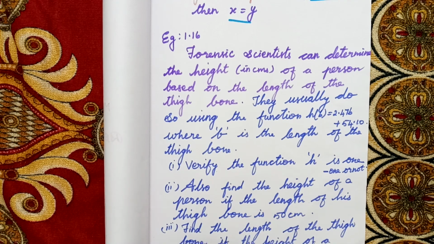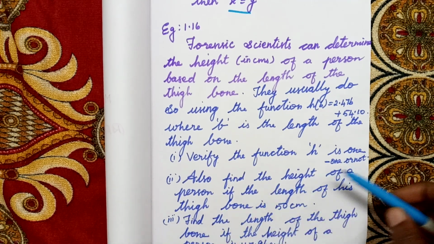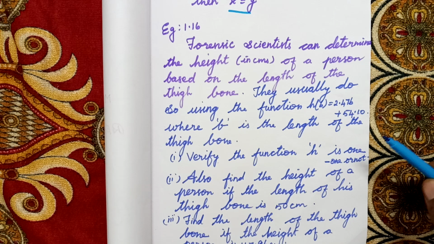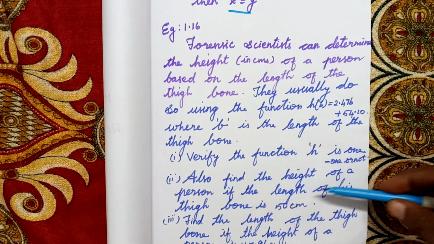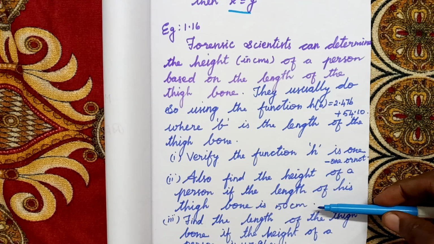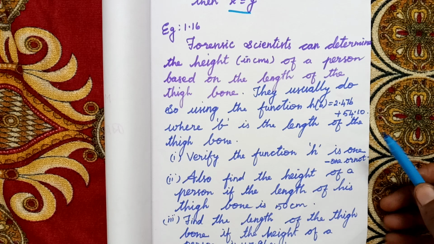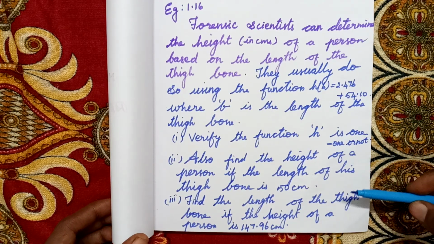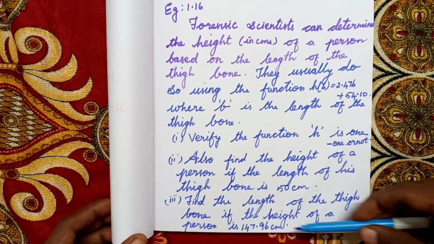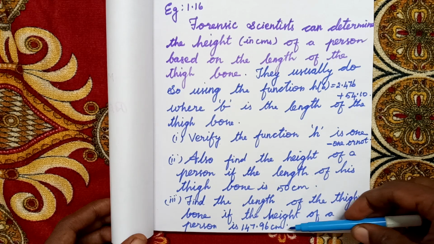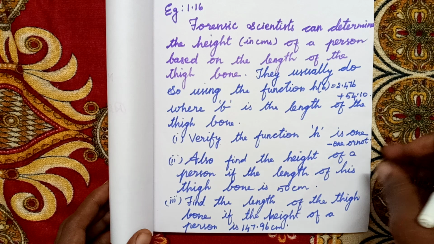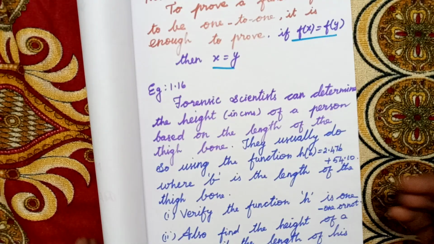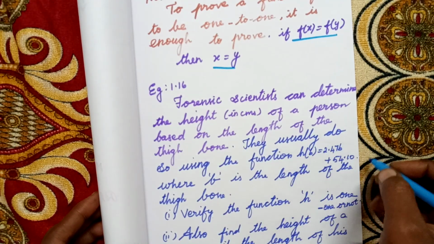Verify whether the function h is one-one or not. Also, find the height of a person if the length of his thigh bone is 50 cm. Find the length of the thigh bone if the height of a person is 147.96 cm.